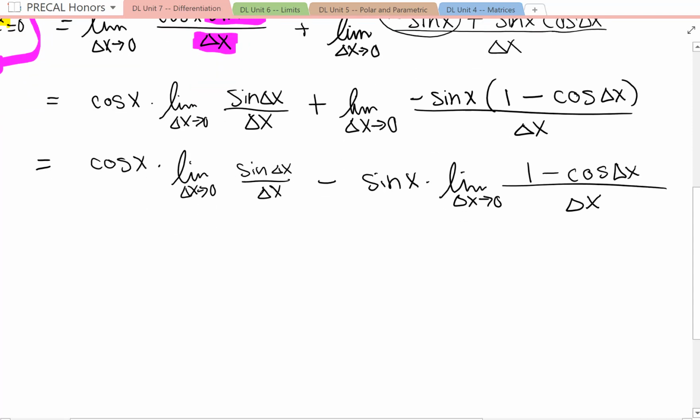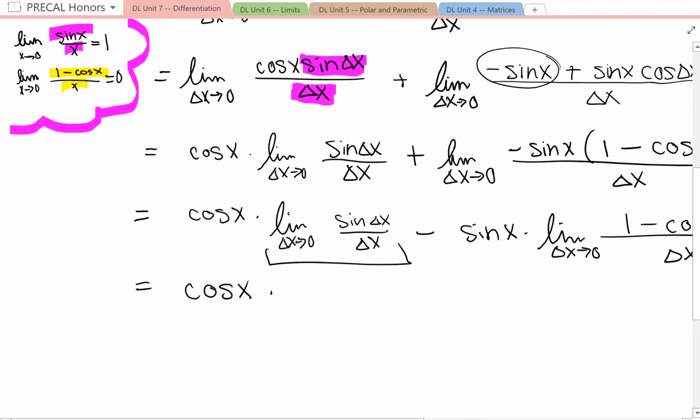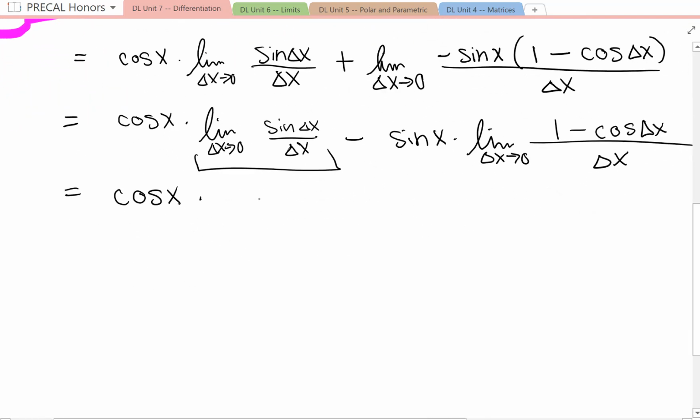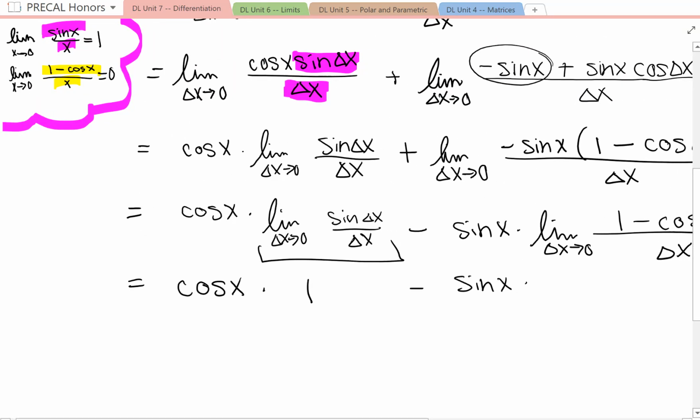All right, let's evaluate the limits. So we have cosine x times the limit of sine delta x over delta x as delta x approaches 0, which is 1, minus sine x times the limit of 1 minus cosine delta x over delta x as delta x approaches 0, that is equal to 0.